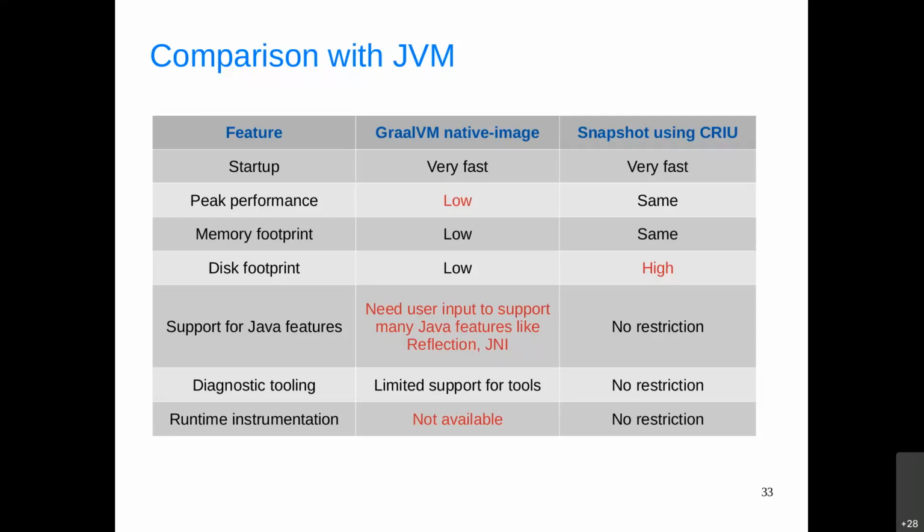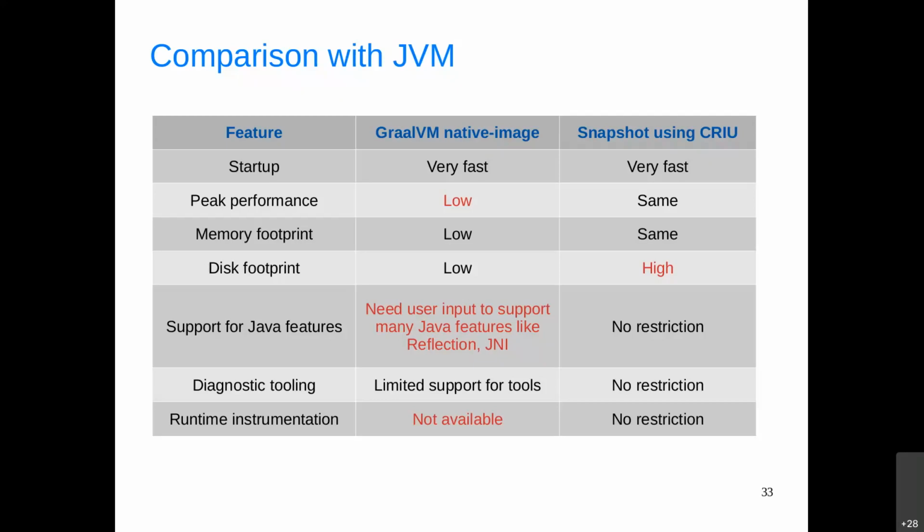The snapshot-based approach suffers from high disk footprint. This is because when you take a snapshot, what we are essentially doing is capturing the process address space and writing it to disk.